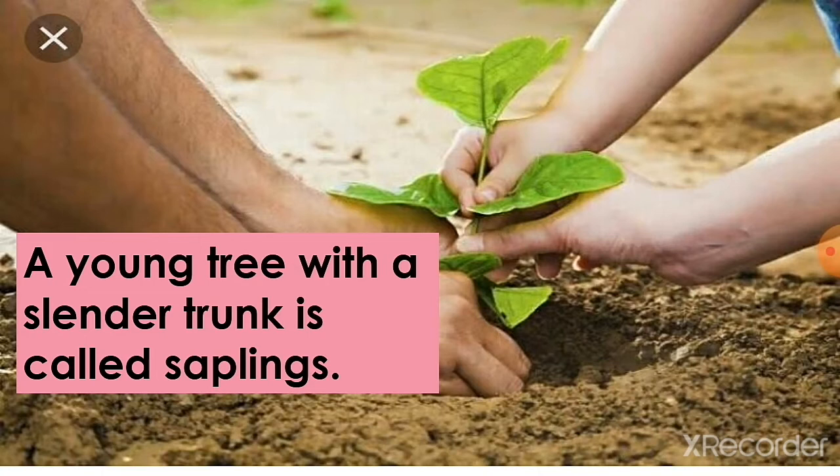A young tree with a slender trunk is called a sapling. Here, it is a young tree. This branch is very slender. Slender means it can break easily. So, a young tree with a slender trunk is called a sapling.